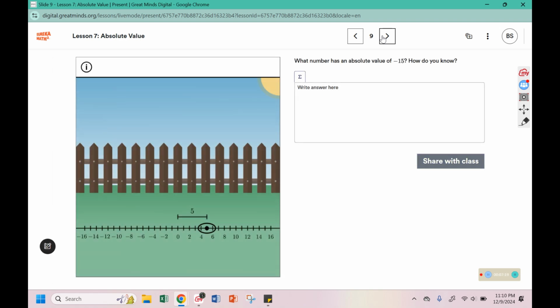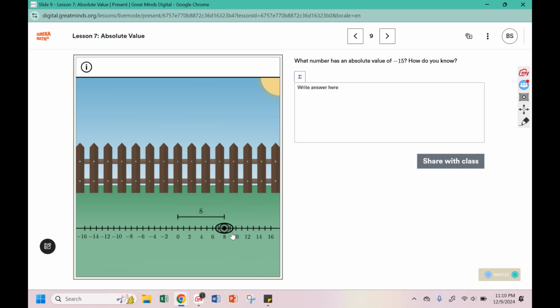What number has an absolute value of negative 15? How do you know? Well, if we move this up to 15, remember we talked about using that measuring tape or the ruler, that distance is positive 15. If we go over here to negative 15, the distance is also positive.